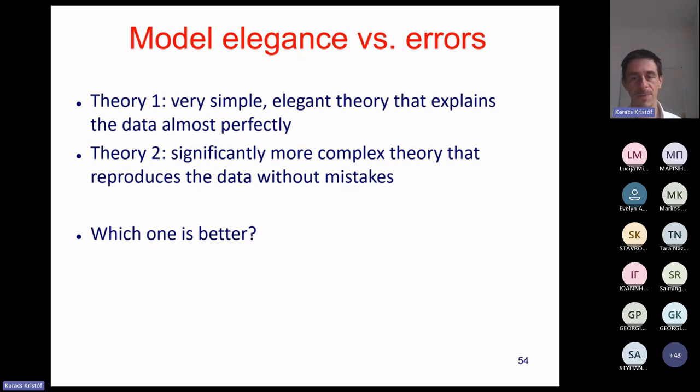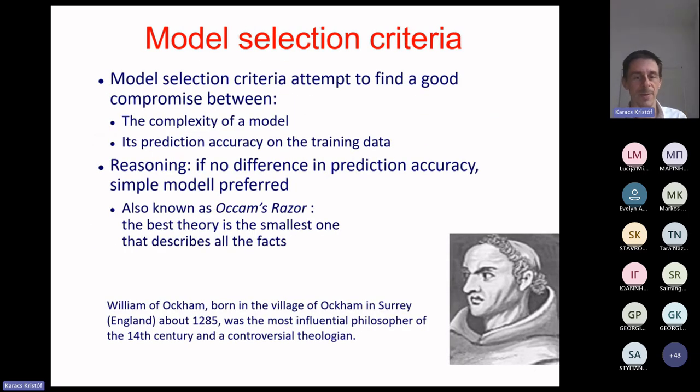And a famous philosopher named William of Occam, who lived in the 13th century, proposed the reasoning that if you have the choice between a more complex and a simpler model, but the same performance, then the simpler model should be preferred, because the underlying theory is probably better reflected.